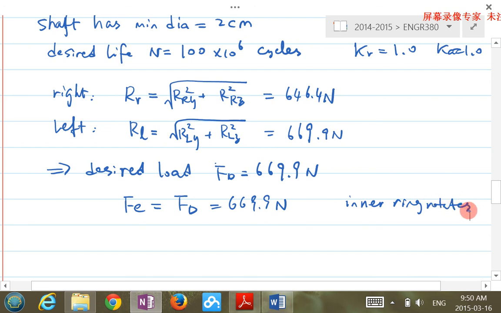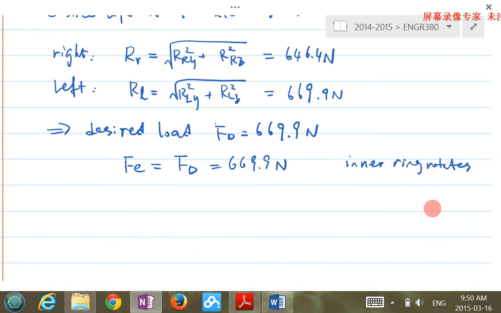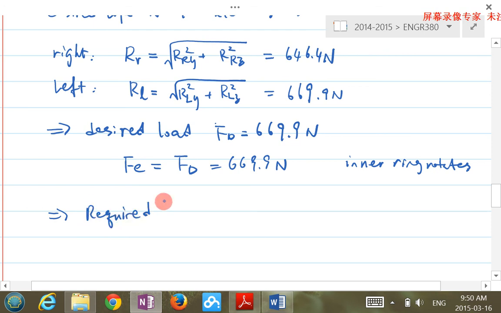Once we get this, we can calculate what is the required dynamic load rating, C10. Let's call that C required at this stage.